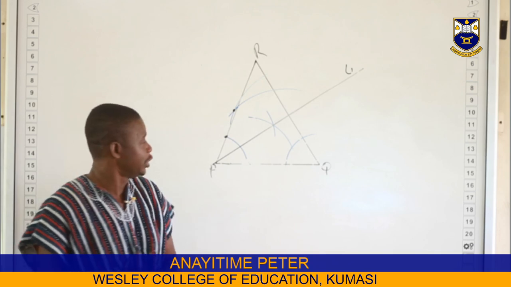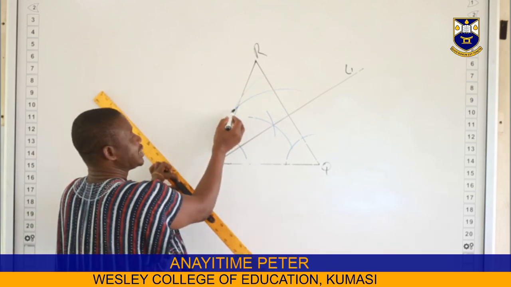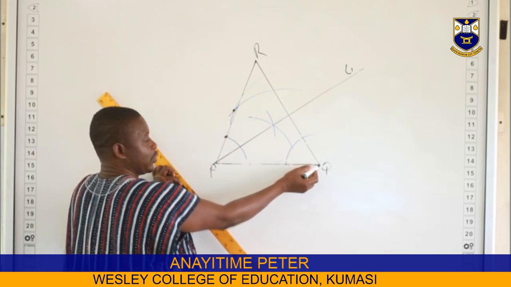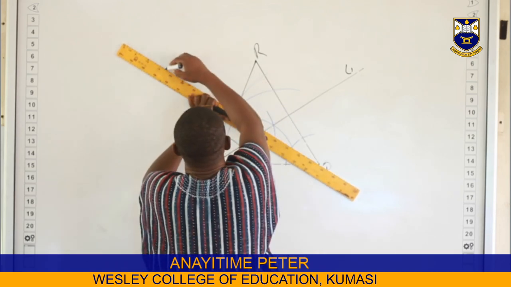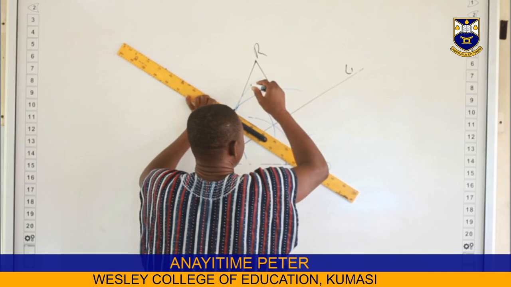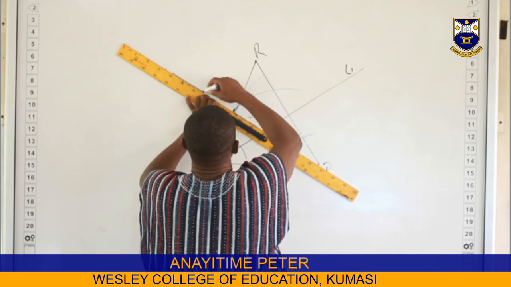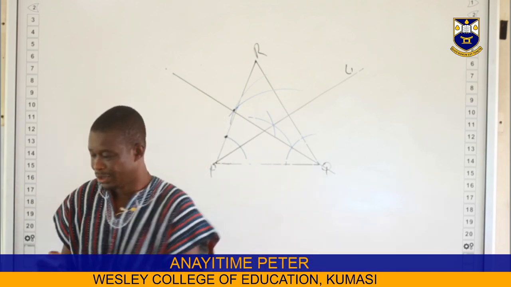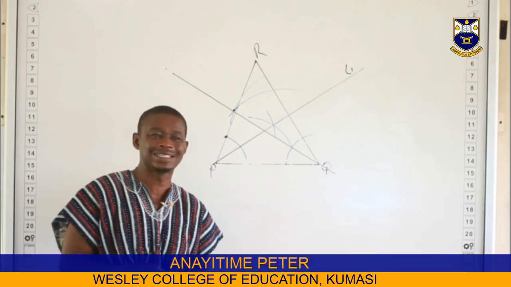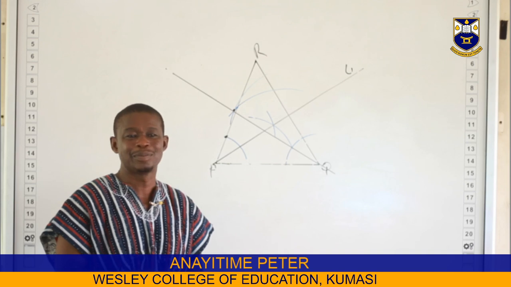So what am I going to do? I'm going to join that point to Q. Good. So you could see that the two bisectors are meeting at a point.